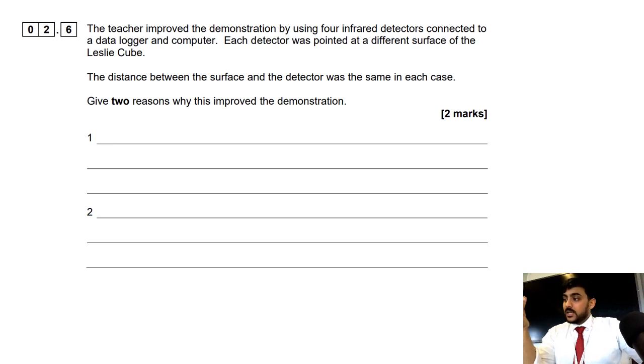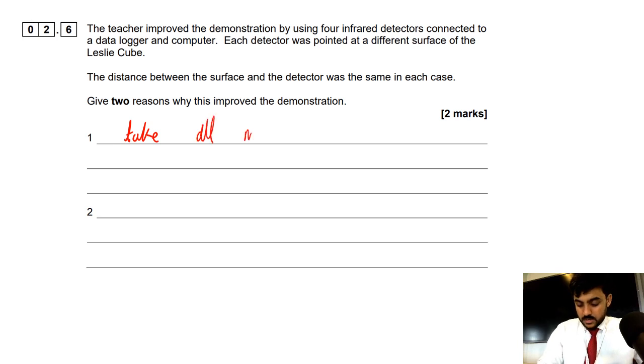So you can take all the measurements at the same time. No need to move the cube. Results will be more accurate. So that's what we're going to write down. Take all measurements at the same time.